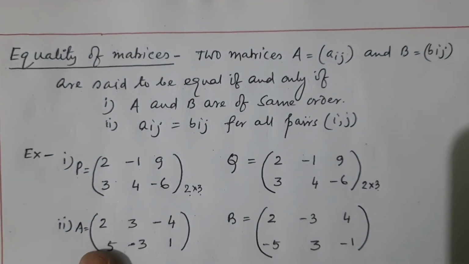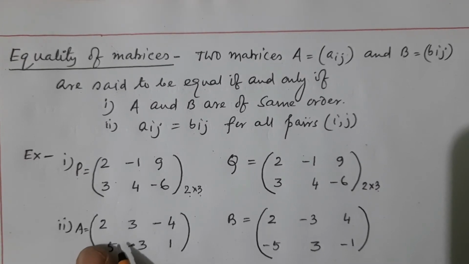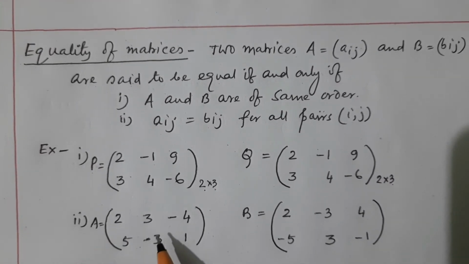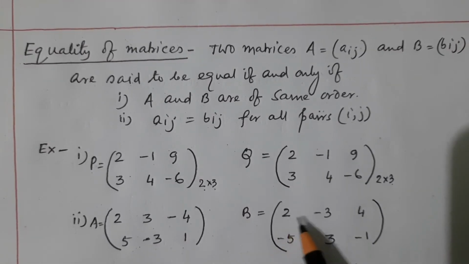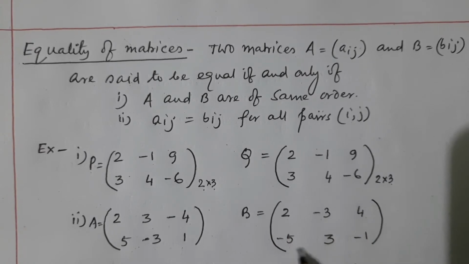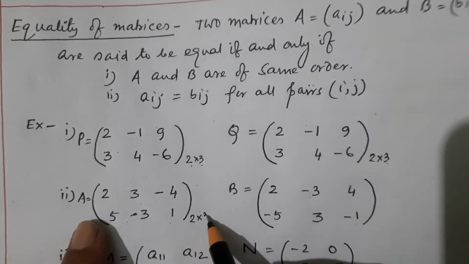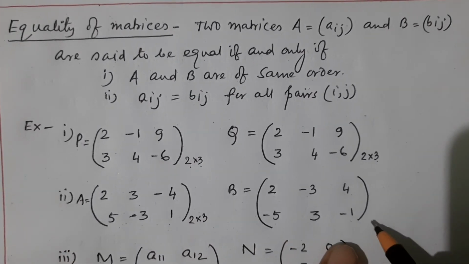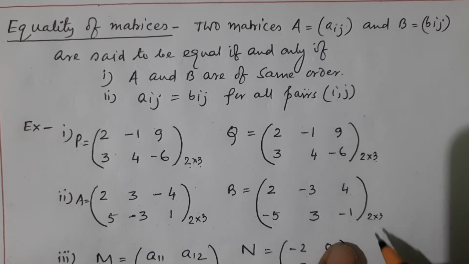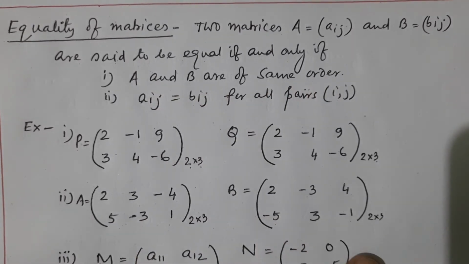And another matrix A equals [2, 3, minus 4; 5, minus 3, 1] and B equals [2, minus 3, 4; minus 5, 3, minus 1]. Here the order of the matrix A is 2 cross 3 and the order of the matrix B is also 2 cross 3. So the first condition is satisfied.